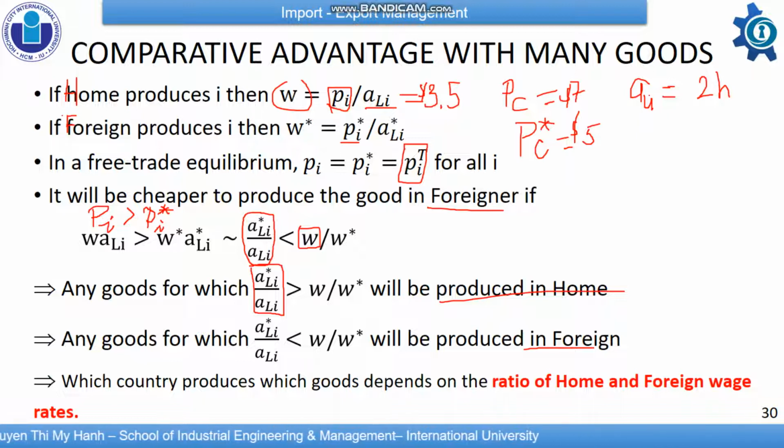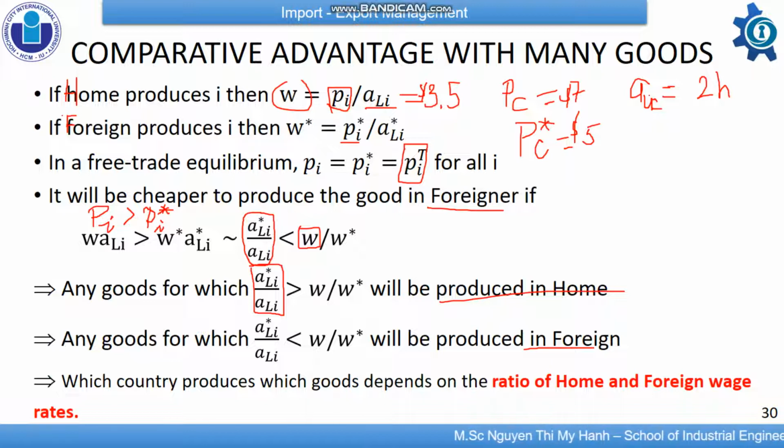Let me finish this one. So for cheese, we need 2 hours to produce cheese in the home country, and the wage is 3.5 and the price is $7.